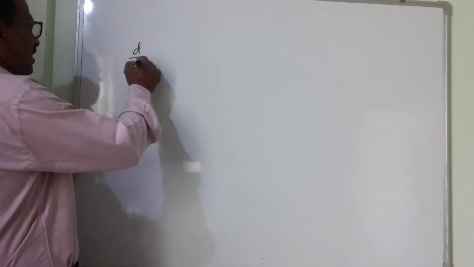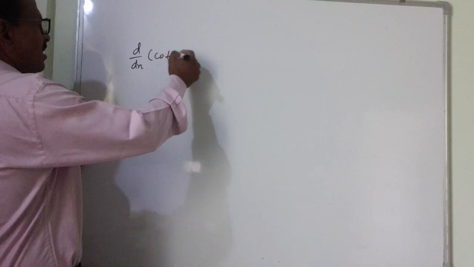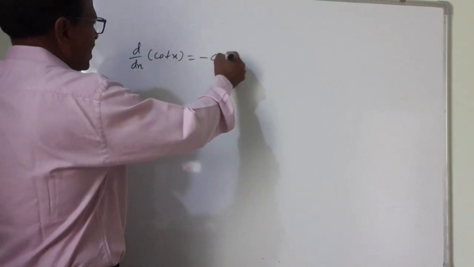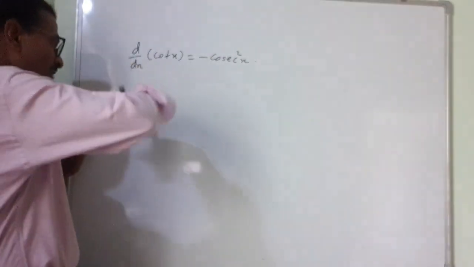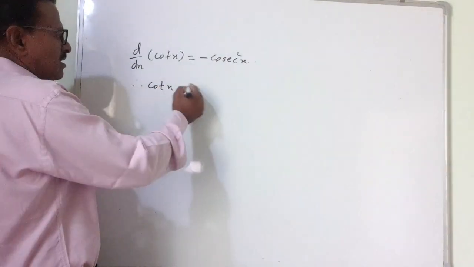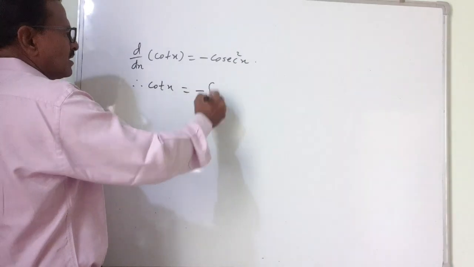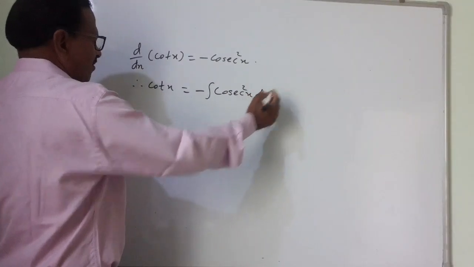Okay, now some other things. d by dx of cot x is equal to minus cosec square x. I will shift this there. Therefore, minus integration of cosec square x dx is cot x.